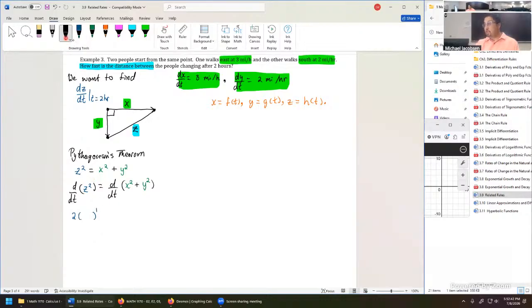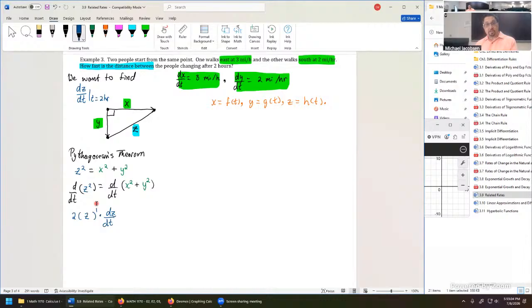The new power is 1. And then we multiply by a new derivative, d/dt of whatever the inner function happens to be. The inner function is z, so it goes into this spot. That's really just z now, z to the power 1, not prime. And this we can just write as dz/dt.